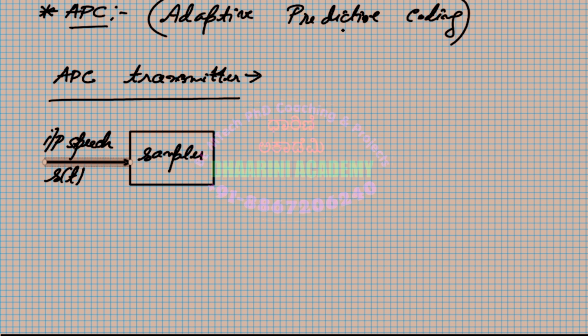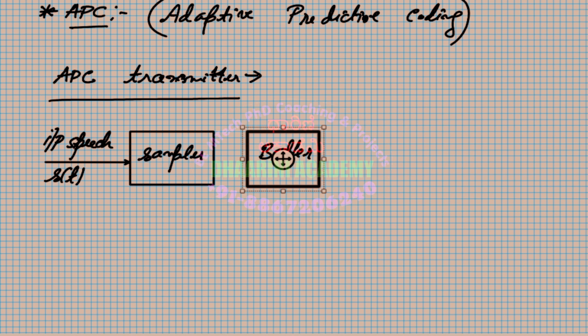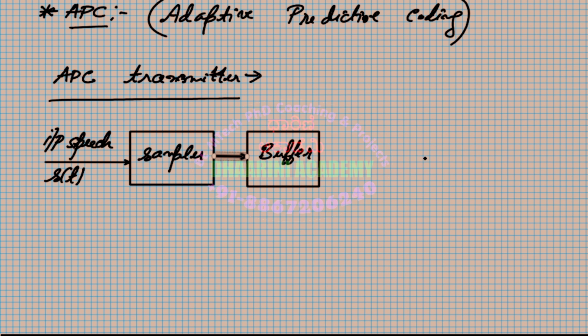It's like a memory. So the next block we are going to use will be a buffer, for the same reason why we used it earlier. Let me connect the sampler to the buffer. Now the next part is a summing block, very similar to the ADPCM.